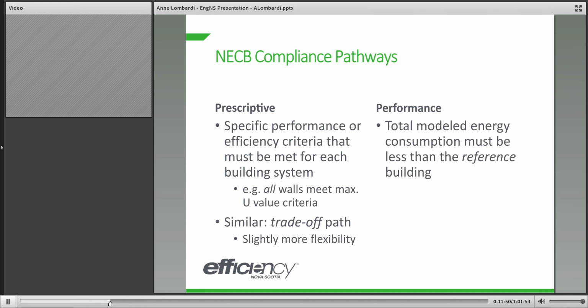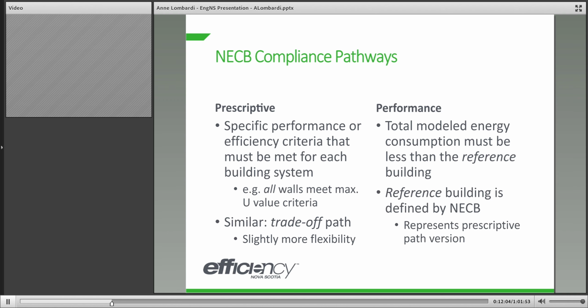The performance path is the way to comply with NECB using an energy model. So in the performance path, the total model energy of the proposed building must be less than the reference building. And the reference building is defined by the NECB, and it generally represents the prescriptive path version of the proposed building.